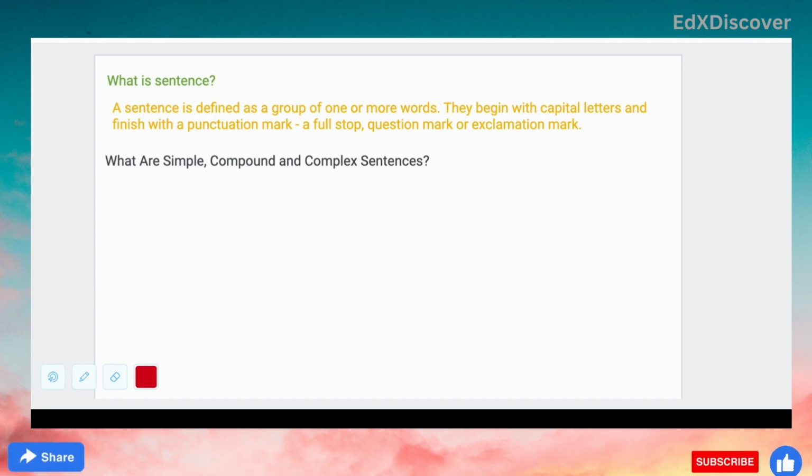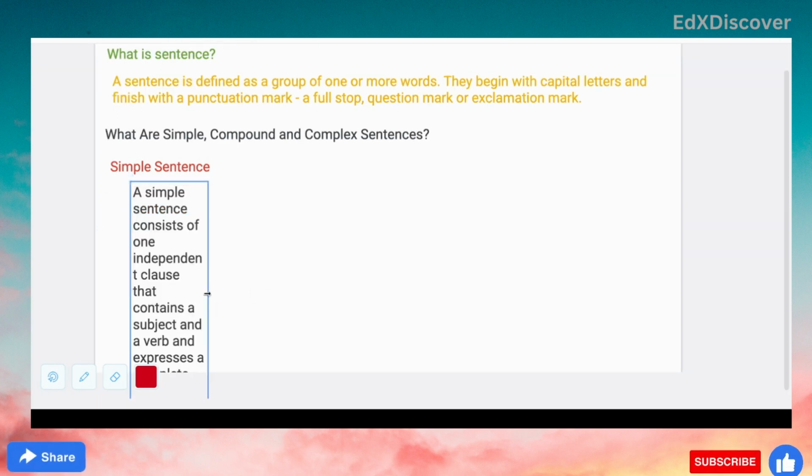So a simple sentence consists of one independent clause that contains a subject and a verb, and it expresses a complete thought. Simple sentence.